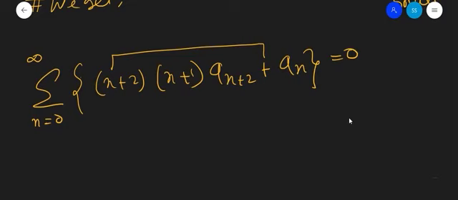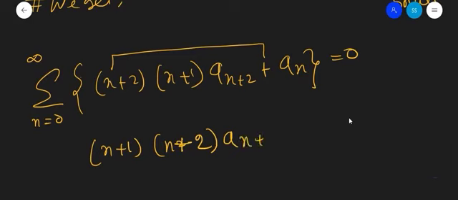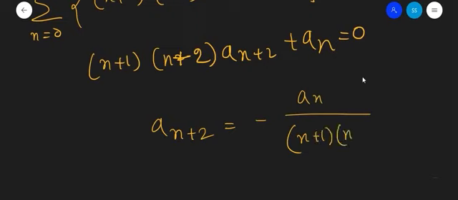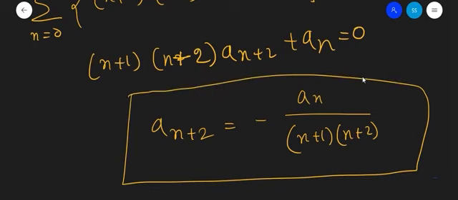So by demanding n plus 1, n plus 2, a of n plus 2, plus a of n equals 0, we finally end up having a recursion relation, and that is nothing but a n plus 2 equals minus a n divided by n plus 1 times n plus 2, right? This is a recursion relation, and when you are done finding this recursion relation, you are technically done.